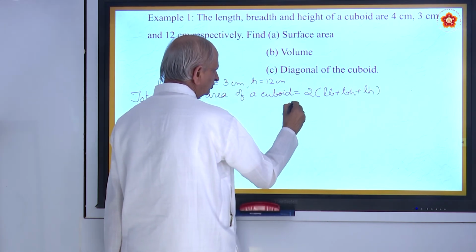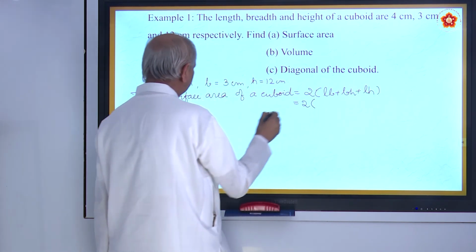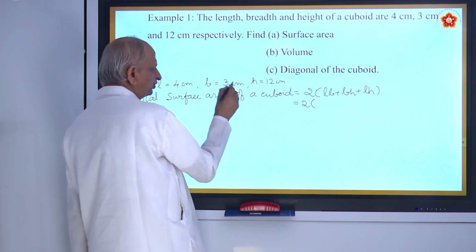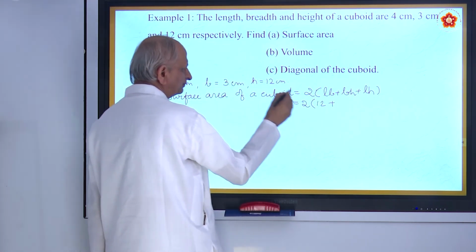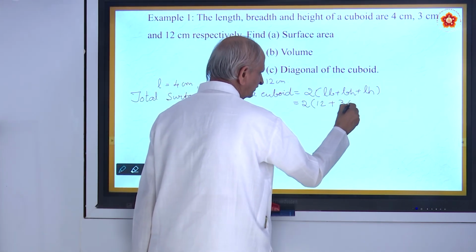That will be equal to 2 into LB. L is 4, B is 3, 4 into 3, 12. BH, 3 into 12, 36.